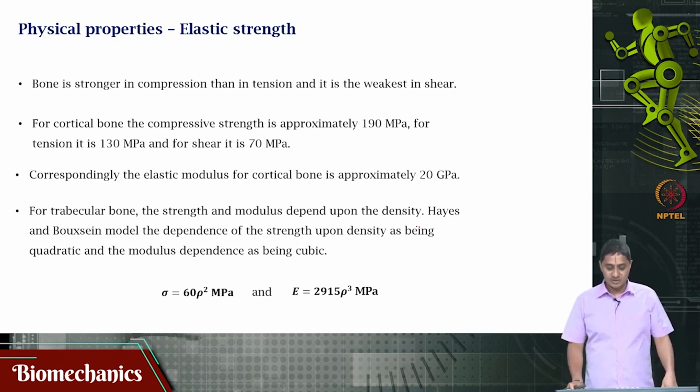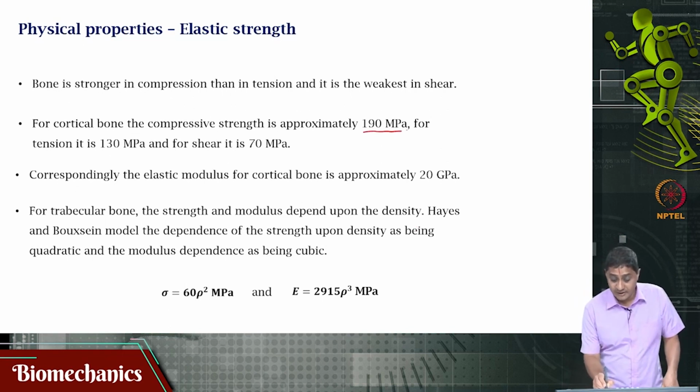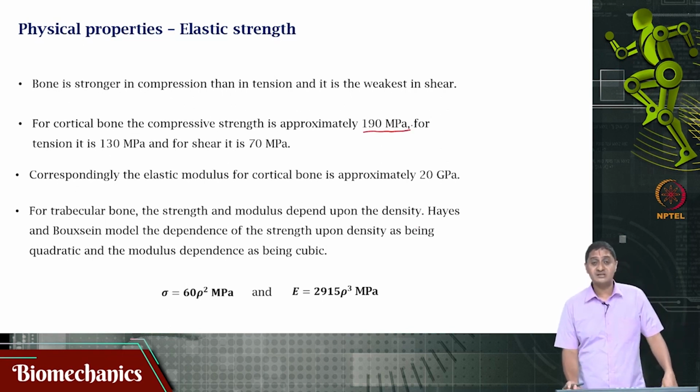For cortical bone, compressive strength is around 190 megapascals.